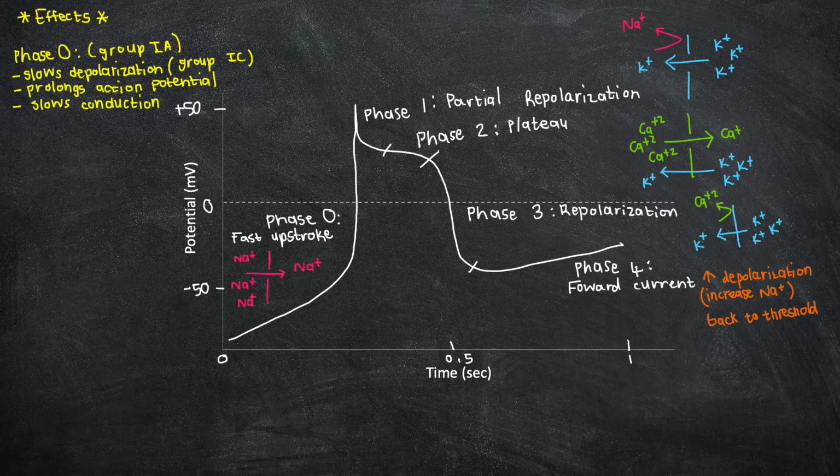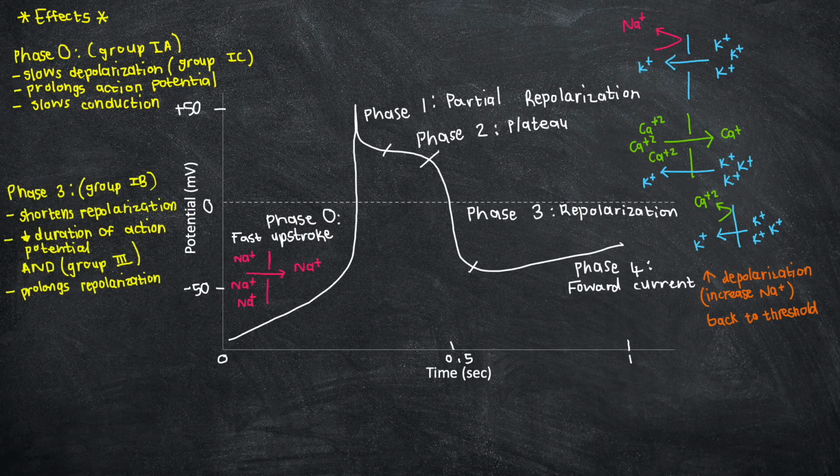It's also going to prolong the action potential or slow the conduction. Then phase 3, group 1B, is going to shorten the repolarization, or decrease the duration of the action potential, while group 3 is going to prolong the repolarization.